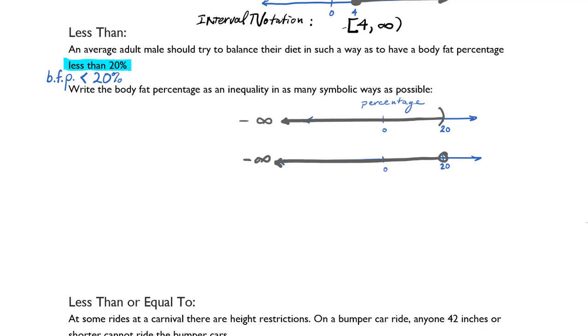And now for interval notation. We have open parenthesis, negative infinity, comma, 20, close parenthesis.